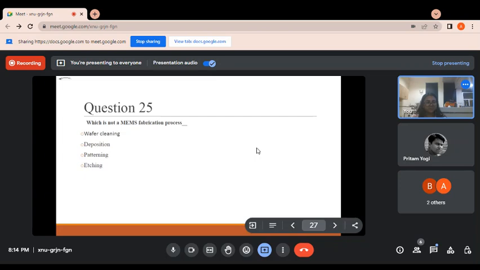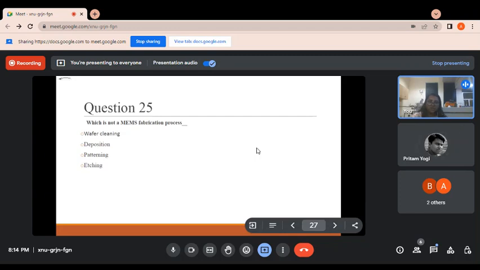Okay. For removal of organic and inorganic particles, we follow this process, RCA1 and RCA2. Like 5:1 or 6:5:1, something like that is the ratio.